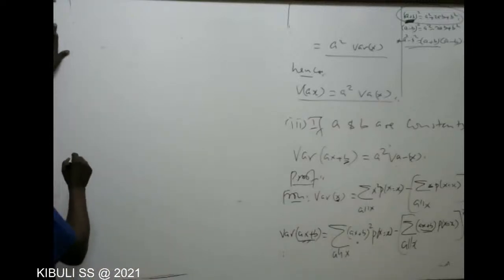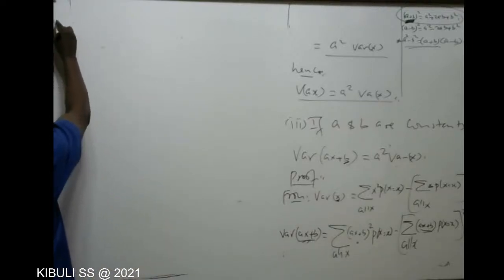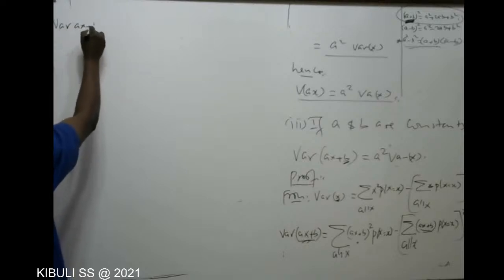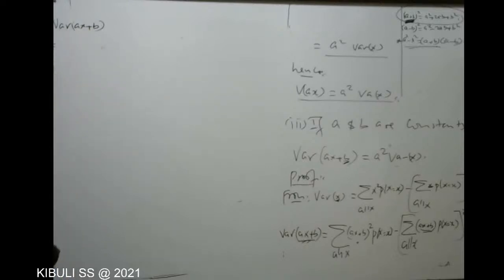So I'll say the variance of AX plus B shall be equal to, I'm securing more space because I'm going to show all those steps there. So I'm going to expand that one.